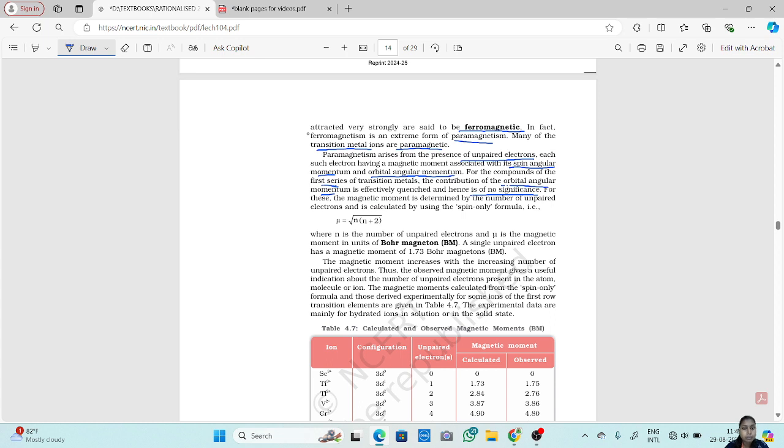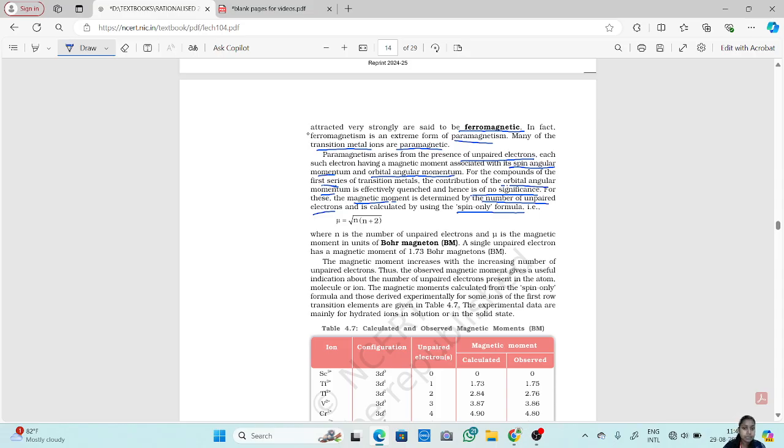For the first series, if it is not because of the orbital angular momentum, then what is it? The magnetic moment is determined by the number of unpaired electrons and is calculated by using the spin only formula.